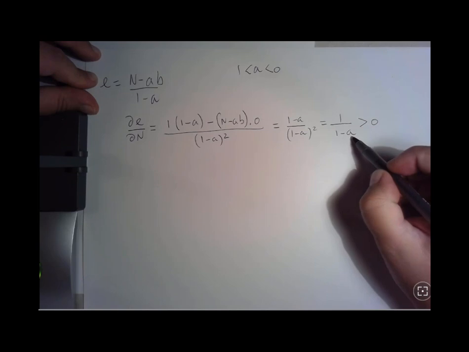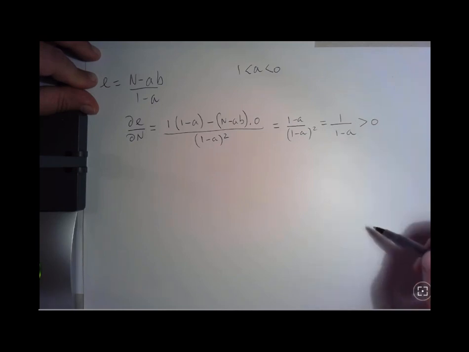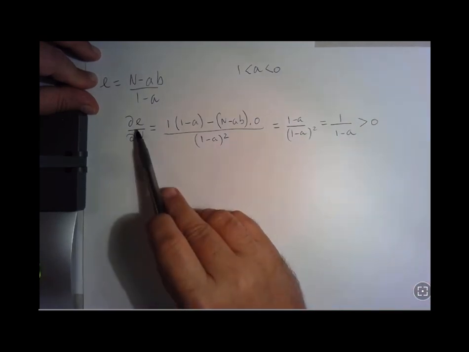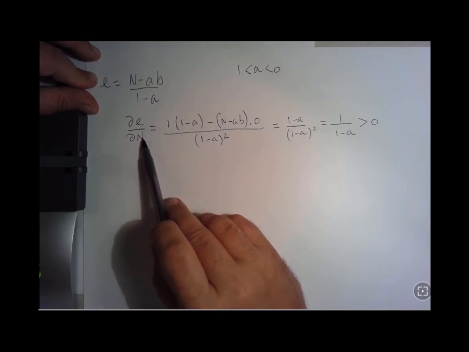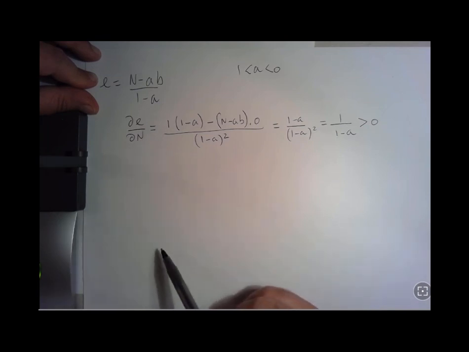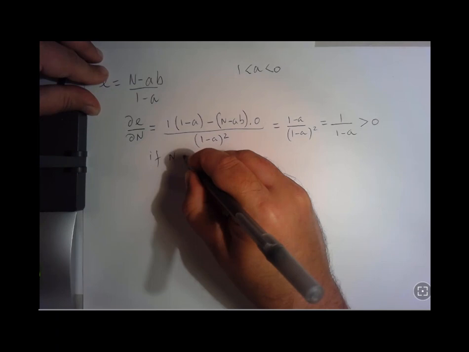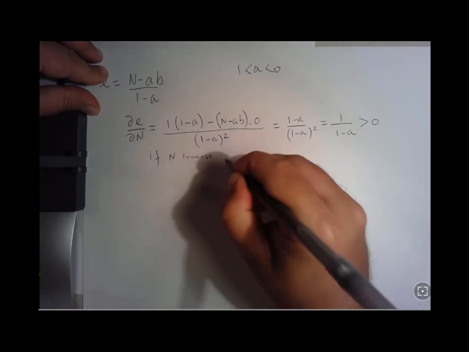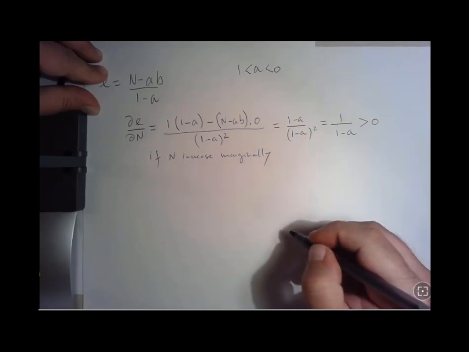And plugging the value of A for the specific case we'll be contemplating will give you the exact number that the change in the effective rate of protection will be if n was to increase by 1 marginal unit. So the interpretation is, if n increases marginally, right?